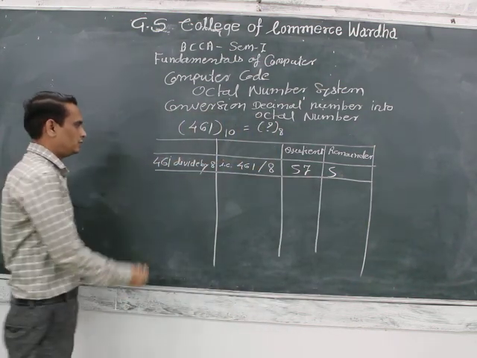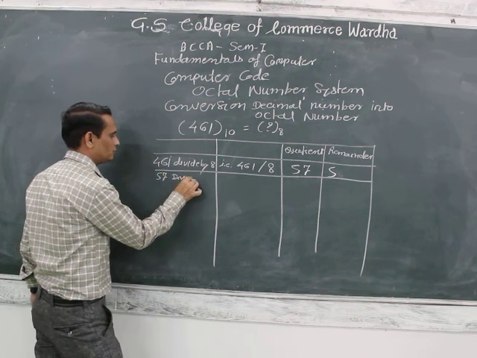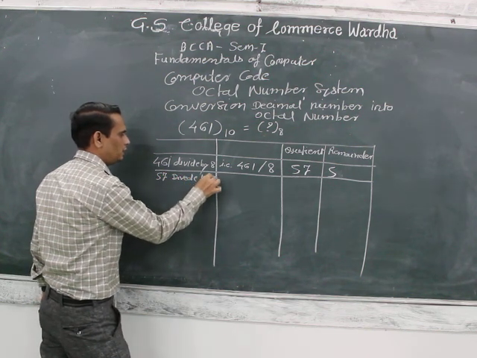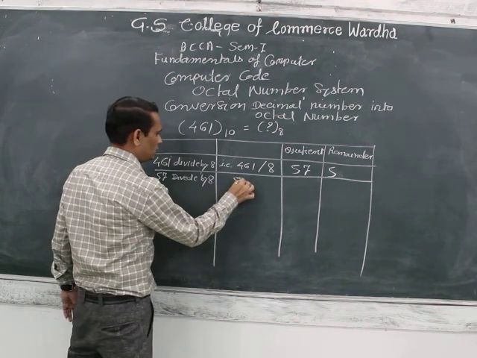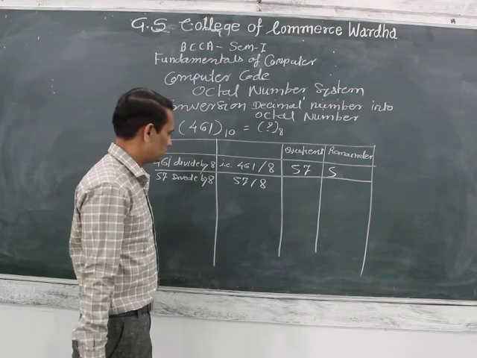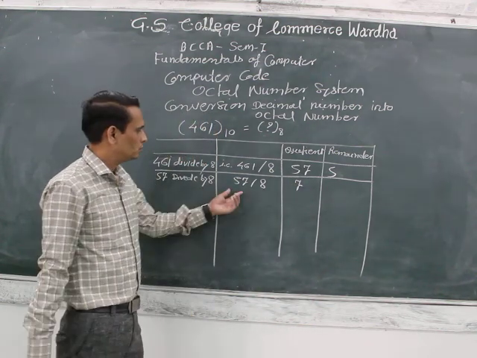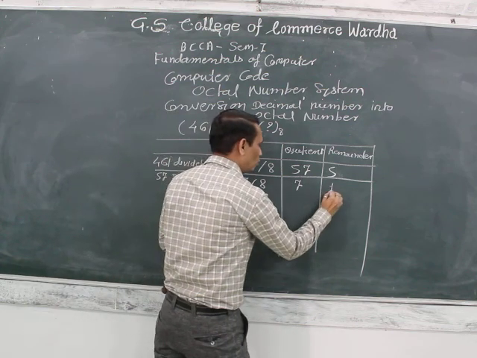Now we have 57. So 57 divide by 8. 57 divided by 8 equals to 7. So the remainder is 1.